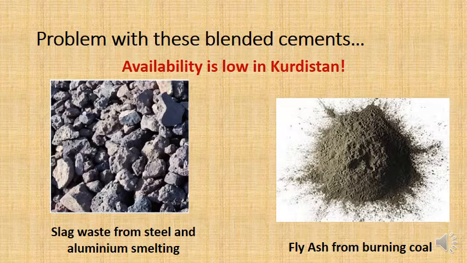We make our electricity from burning gas, and there's no waste product other than greenhouse gases with burning methane and petroleum gases. So availability is low. That means that in Kurdistan, if you want to make one of these blended cements for making high strength concrete, you've got to import one of these other cements from another country, which can be expensive.